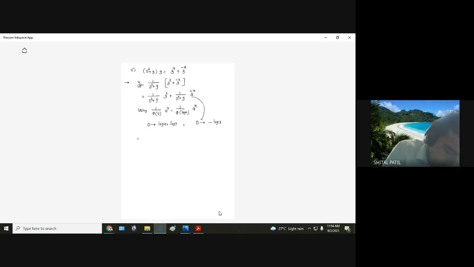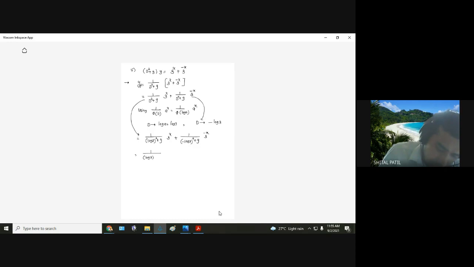So 1 upon from here I am writing the answer. So 1 upon log 3 square plus 9 and 3 raised to x plus 1 upon minus log 3 whole square plus 9 and then 3 raised to minus 6. You can keep answer as it is, or you can write one more step.